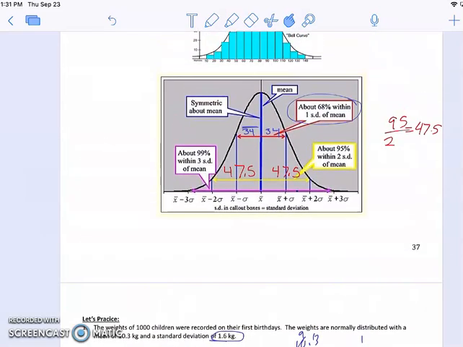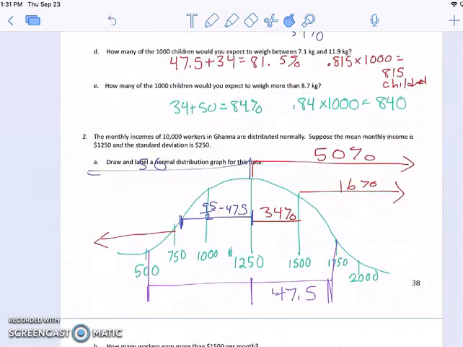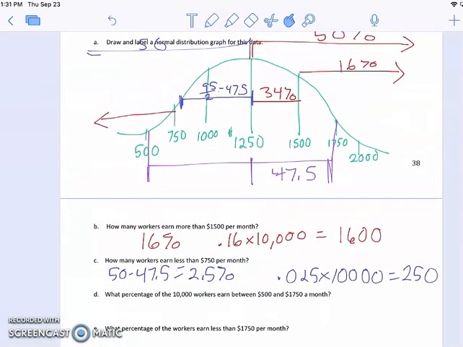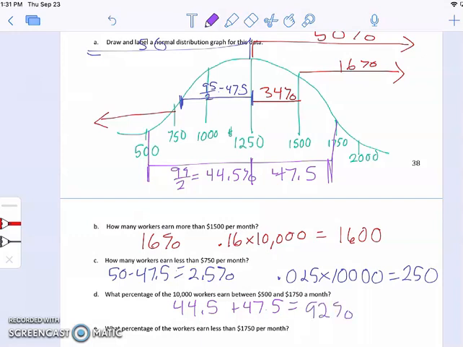And within 3 is 99, but if we divide that by 2, 99 divided by 2, we have 49.5%. If we add those together, we have 92%.